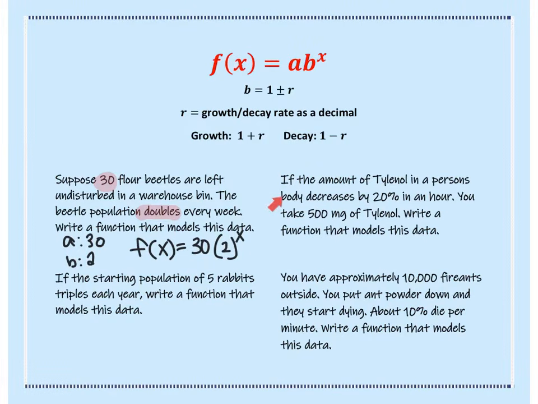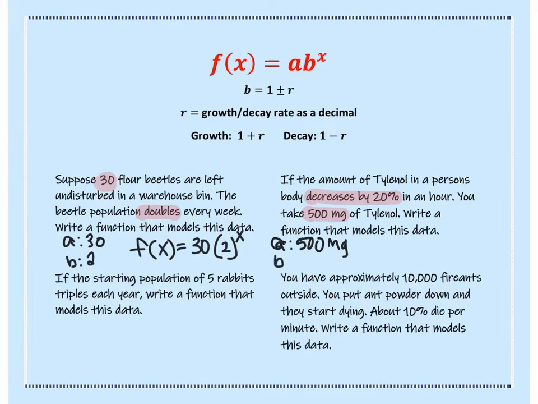Let's try the second question. If the amount of Tylenol in a person's body decreases by 20% in an hour, you take 500 milligrams of Tylenol. Write a function that models this data. How much medicine is left in your system? Well, you started with 500 milligrams. It's decreasing by a rate of 20%. So our a value is going to be 500 milligrams.